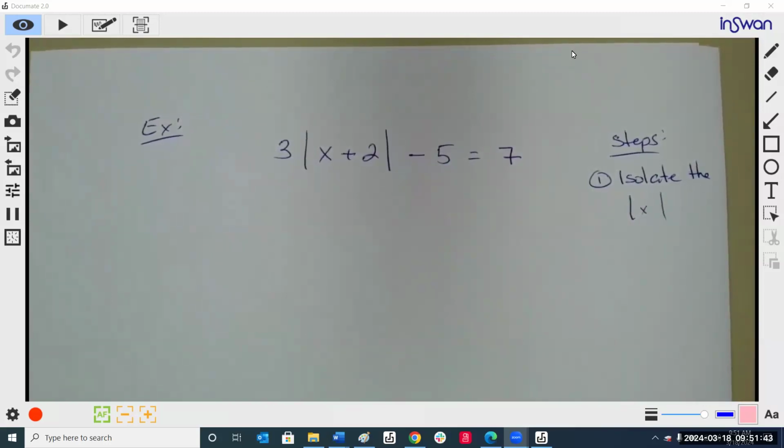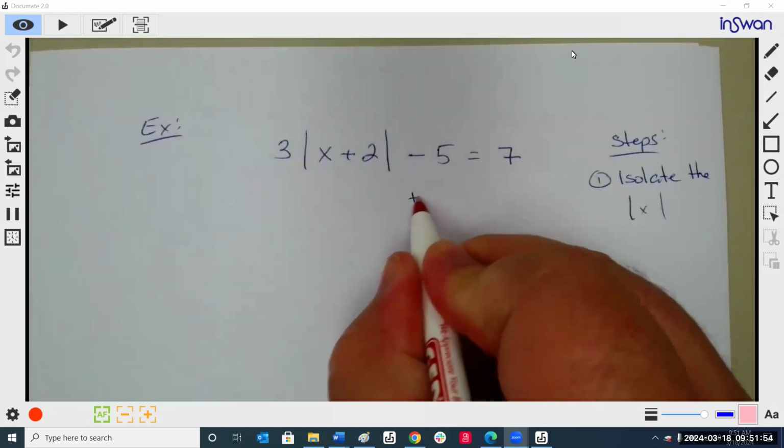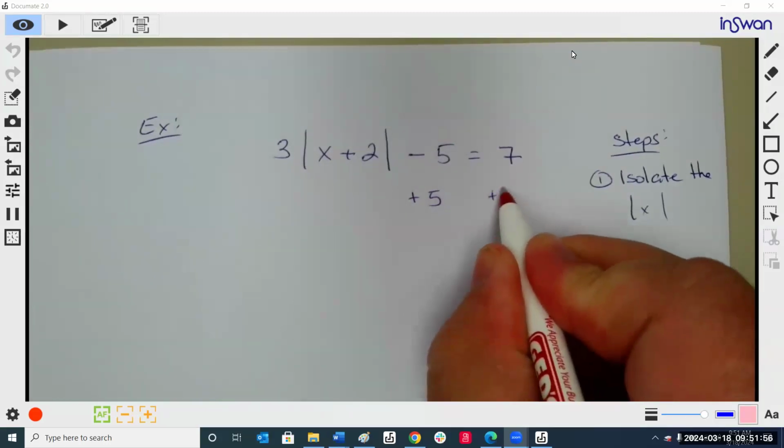In other words, get rid of anything plus or minus to it first, and get rid of anything multiplied or divided by it next. So our first step is to get rid of the 5. We have to add 5 to both sides.